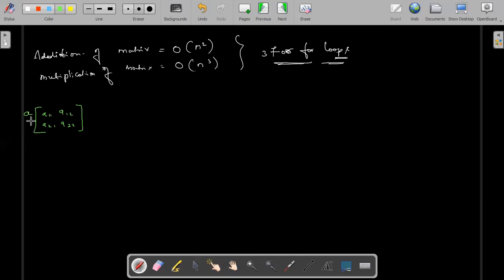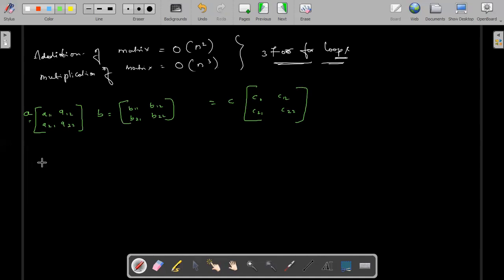Now take a matrix B: B11, B12, again B21, B22. Now I want to get C like this. How do I have to get it? C11, again C12, C21, again C22. This is the way we have to get it.